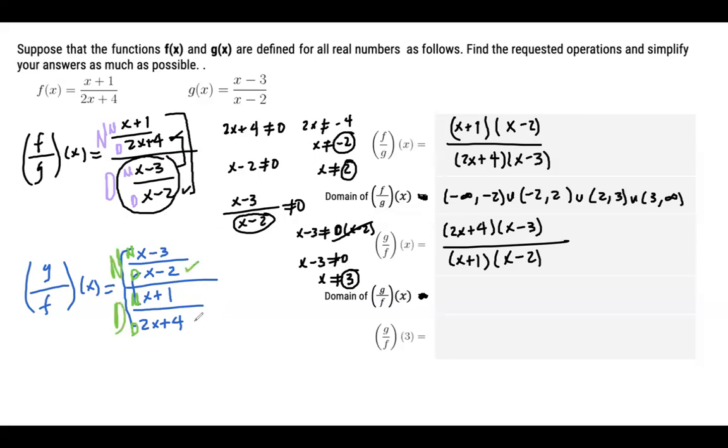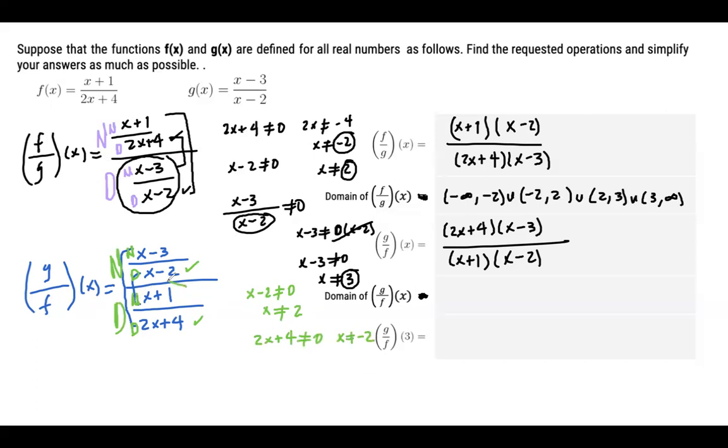So let's use all the denominators we can find. X minus 2 different than 0, x different than 2. The next one is 2x plus 4 different than 0. We already know that this will produce a minus 2.